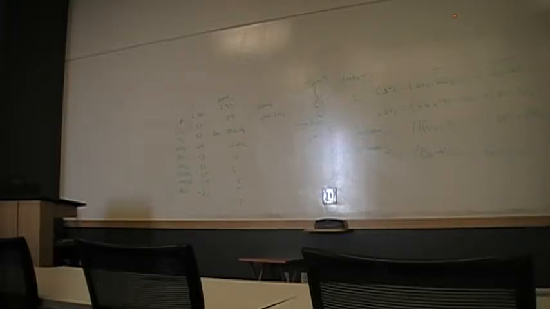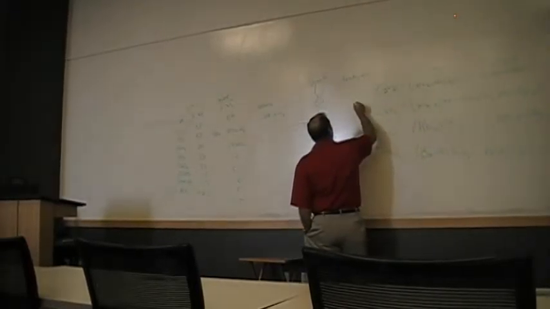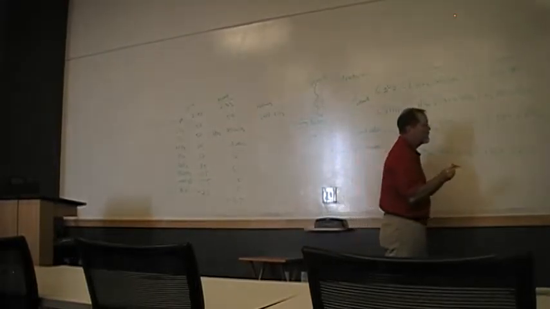That's 313.72. 314 minus 71 is 243. So I've just calculated that in this alveolus there's 243 millimeters of mercury.